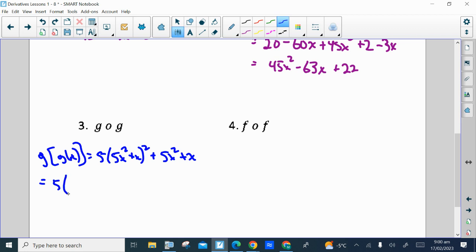So again, I'm going to square that binomial by squaring the first term. That'll give us 25x to the fourth. Multiplying the two terms together gives us 5x cubed. Doubled is positive 10x cubed. Squaring the x gives us x squared. Multiplying everything by 5.